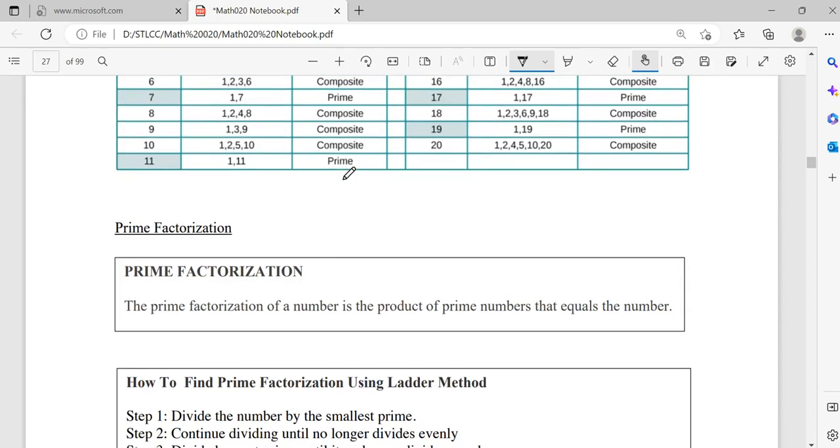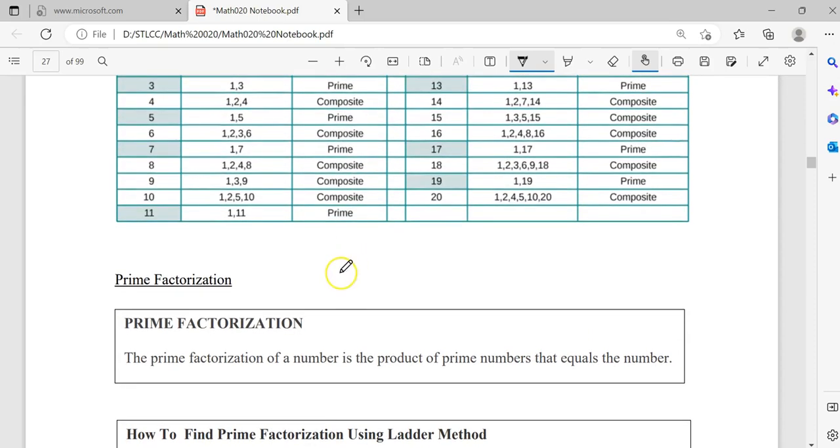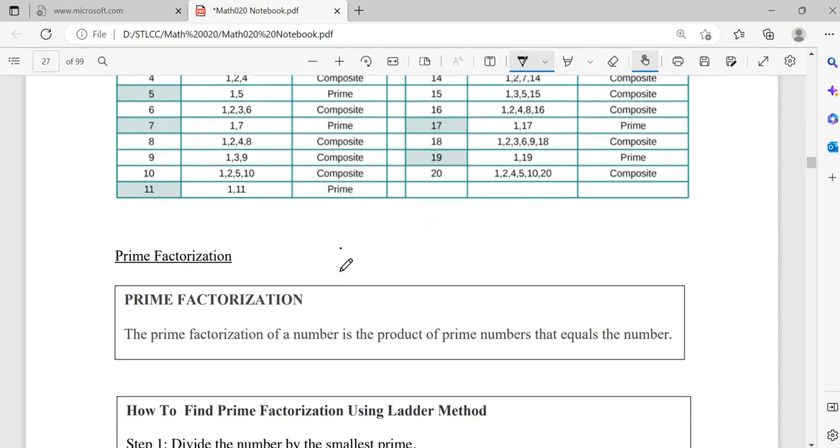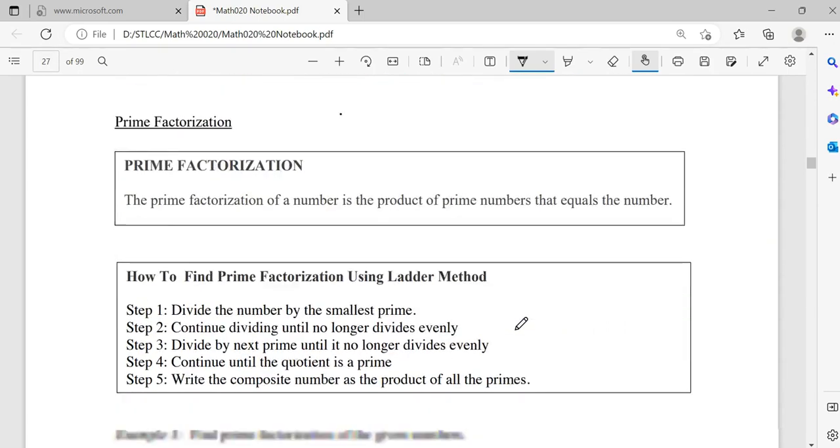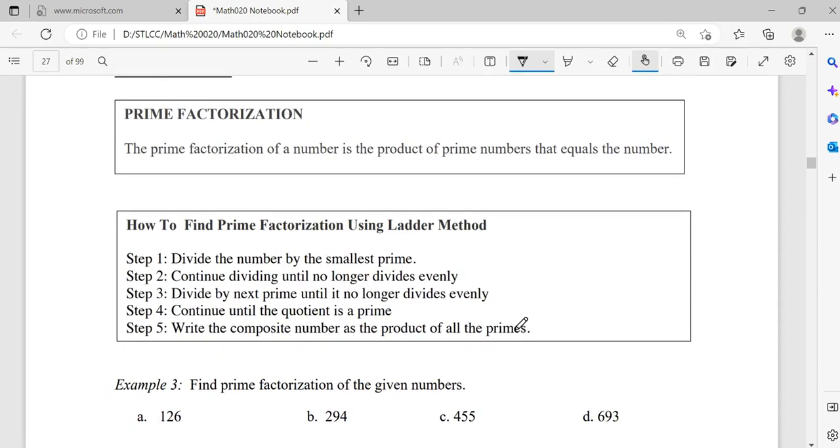Again, we're going to be breaking the numbers down using multiplication to the smallest pieces, and we're going to stop when we only have prime numbers being used in that multiplication. So for prime factorization in this lesson, I am going to use the ladder method. The ladder method for prime factorization has 5 steps.